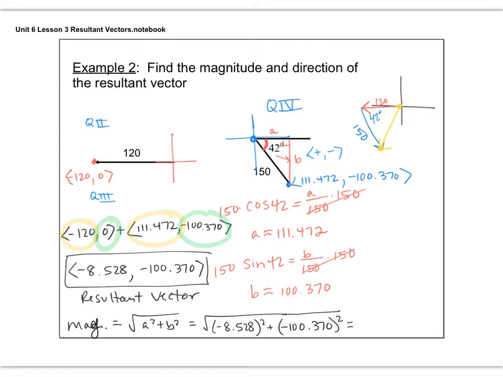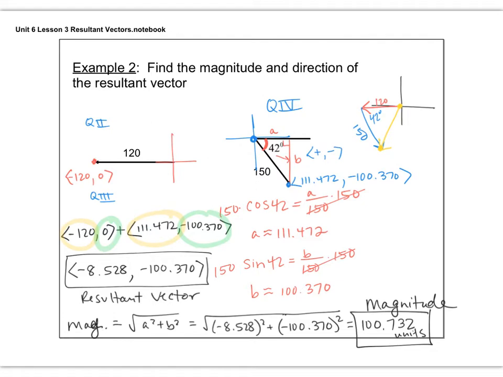So after you type this in, I got positive 100.732. And this, I can call it units if I want. This is the magnitude of our vector. So we know the component of the resultant vector, and now we know its magnitude, like how long it is.